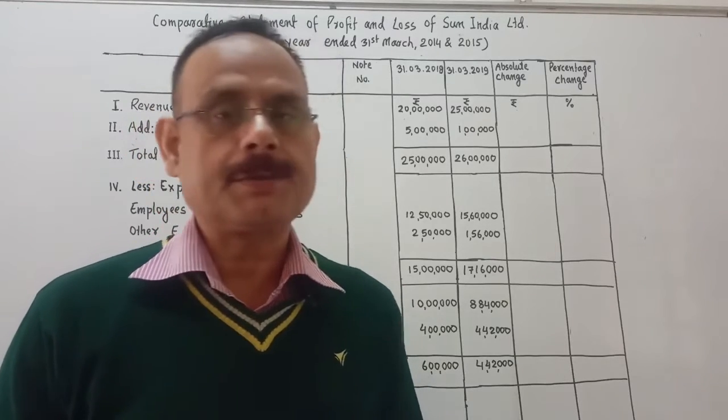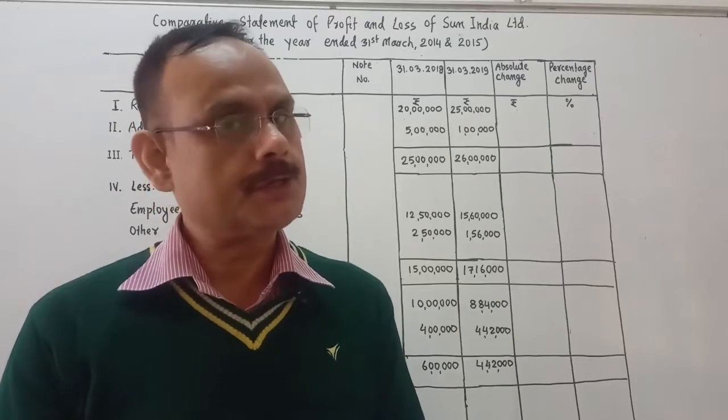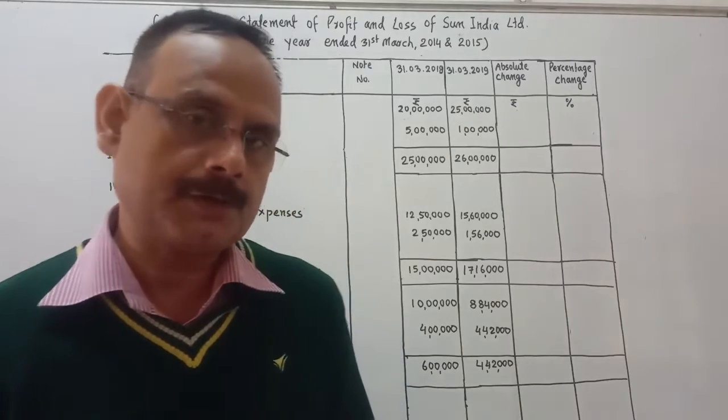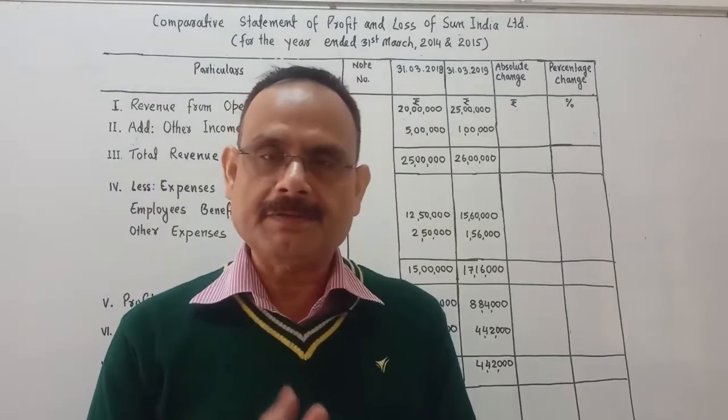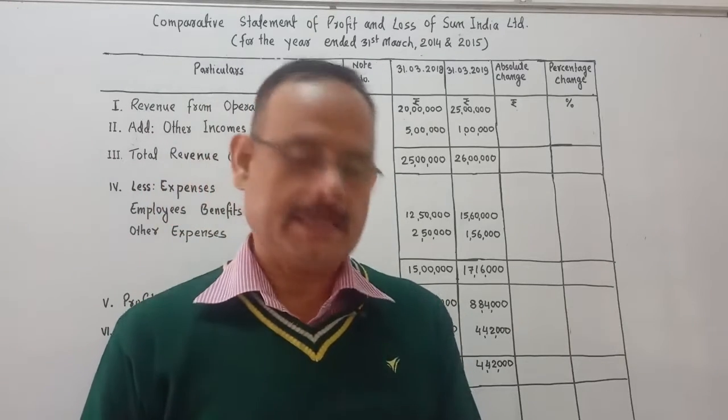So two years of information are given, 31st March 2015 and 31st March 2014. 2014 is the previous year and 2015 is the current year.